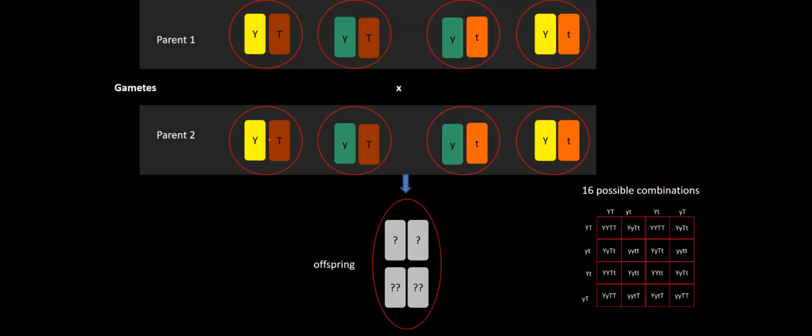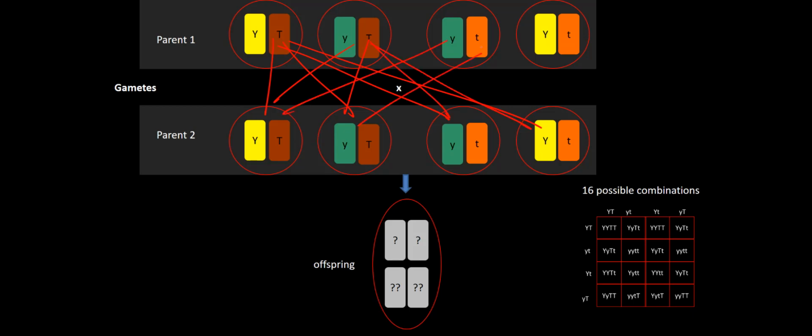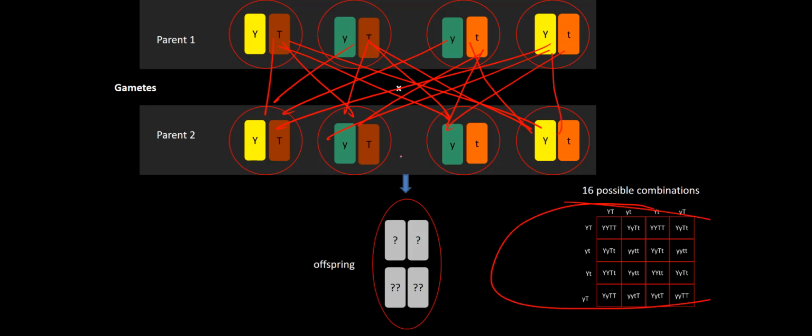And as a result, if we do a cross between two individuals that are dihybrid, we now have four different possible genotypes of the gametes for each. You can imagine each possibility has an equal chance of happening. And so there are 16 different possible combinations, as represented by the Punnett square down on the bottom right there.